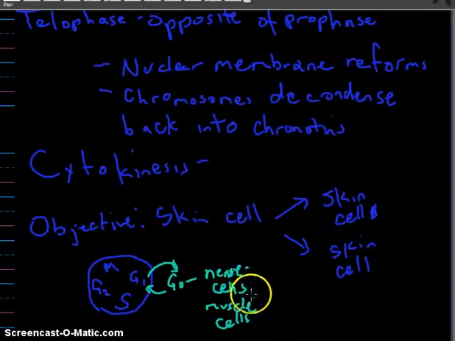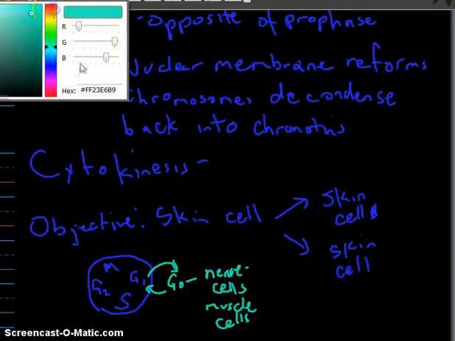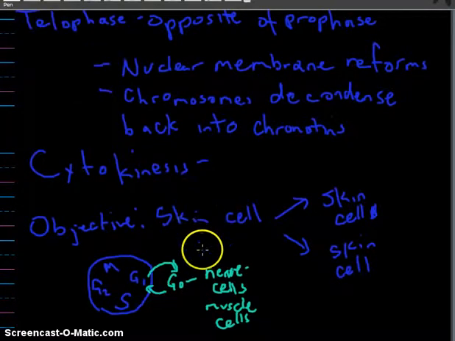There are certain cells that hang out in G0 sometimes, and they hop back into G1 and actually do divide when stimulated. And those cells are liver cells.